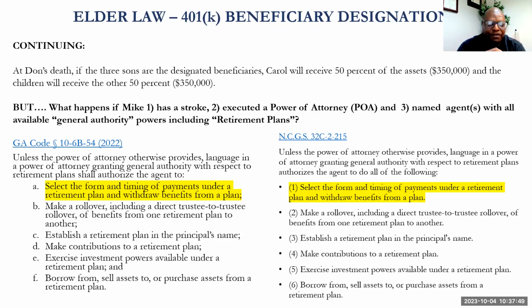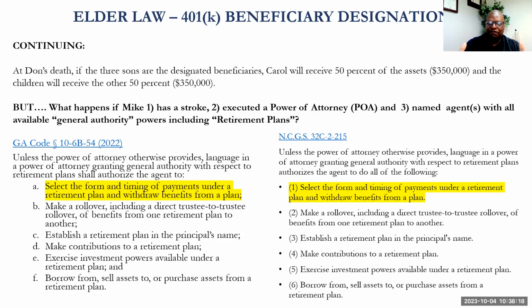What does that mean? So it's the same answer in Georgia and North Carolina, because in both states we have adopted what's called a Uniform Power of Attorney Act. So there's some similar thoughts on how those powers are granted in respect to retirement plans. How does this play out? In the beneficiary designation, no one may be able to change the beneficiary designation.